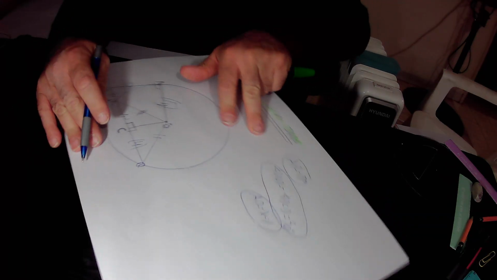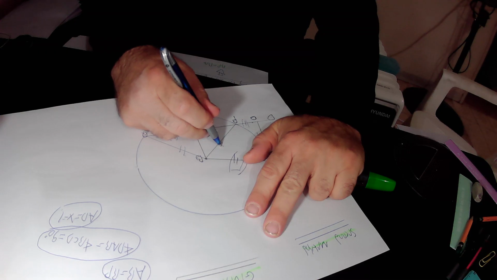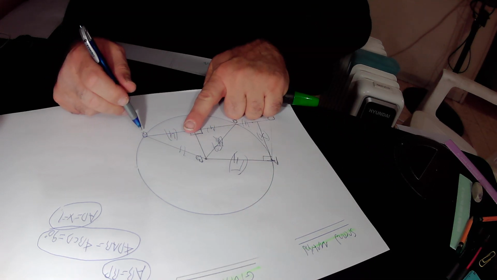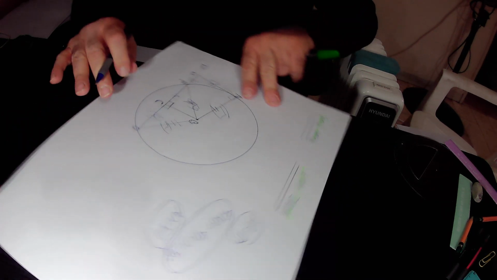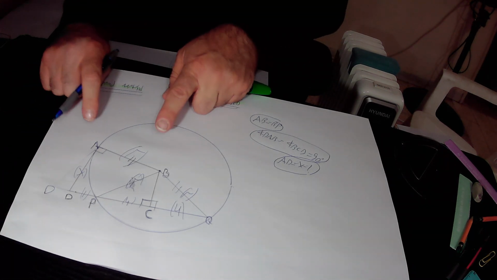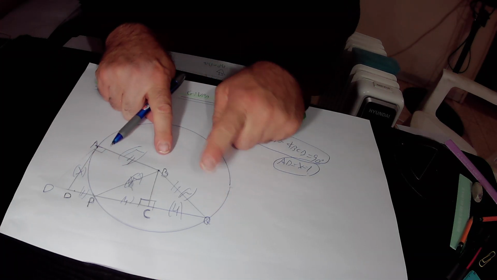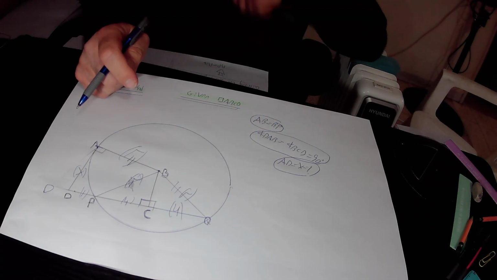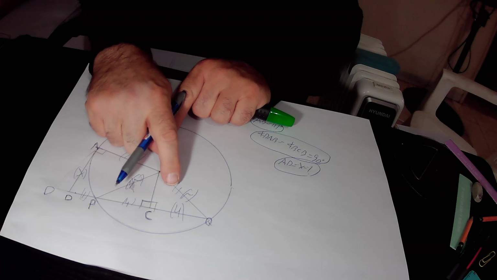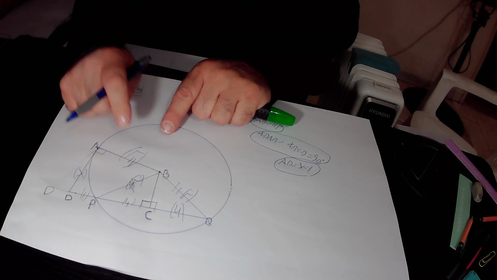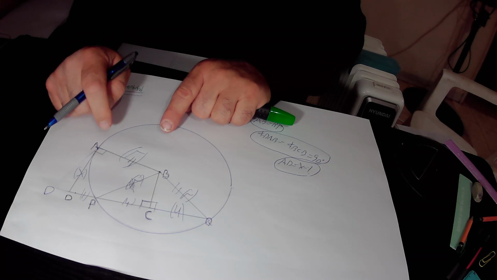So BP, the radius of this circle, equals R. Likewise, BQ is also a radius of this circle and equals R. Those three line segments AB, BP and BQ are all radii of the circle, equal to R. And because those three line segments are all radii of the circle, it means that the circle must pass through points A, P and Q.